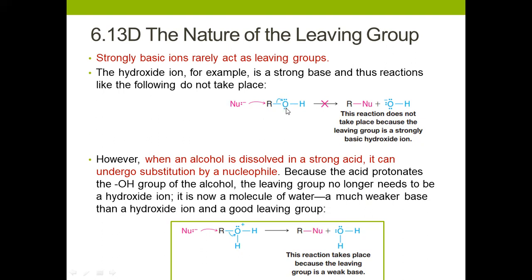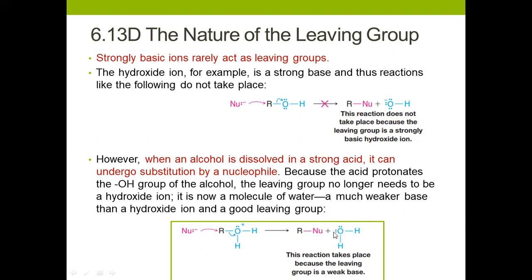The only way that the OH can leave the substrate is when the OH is protonated. So it is acidified a little, such that the oxygen reacts with the proton to form three bonds and becomes positive. Once it becomes positive, it can easily leave the substrate to form water.